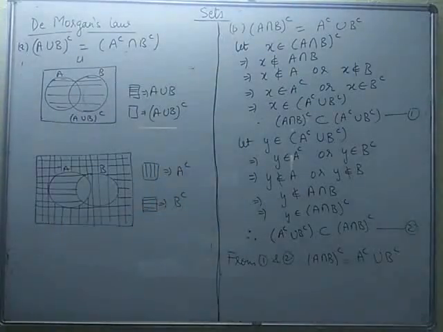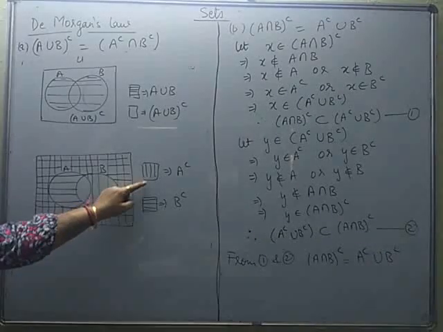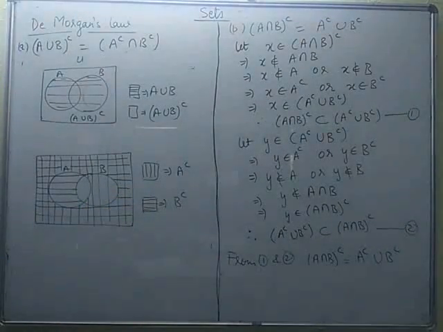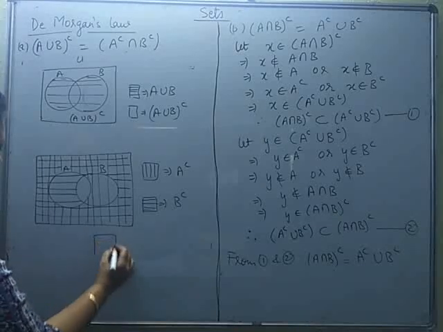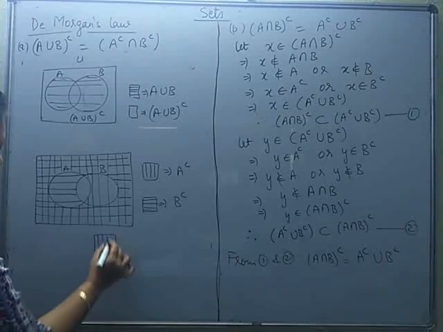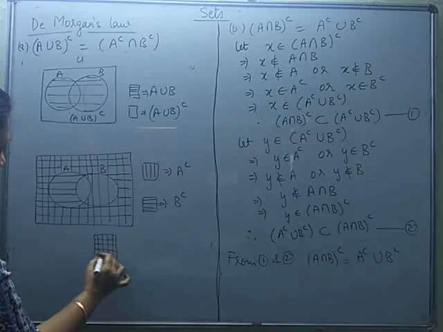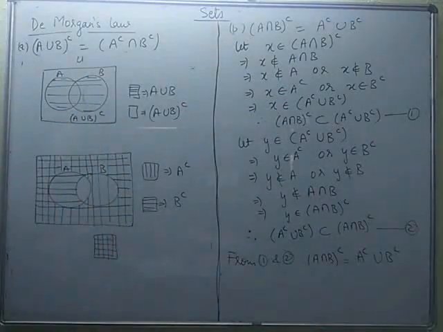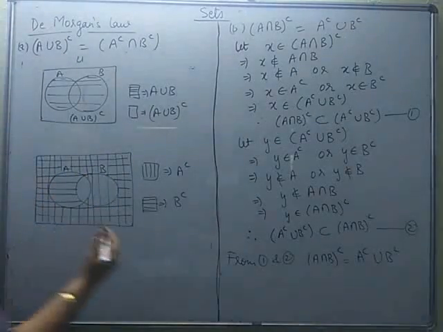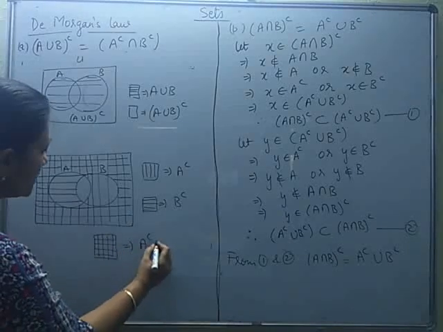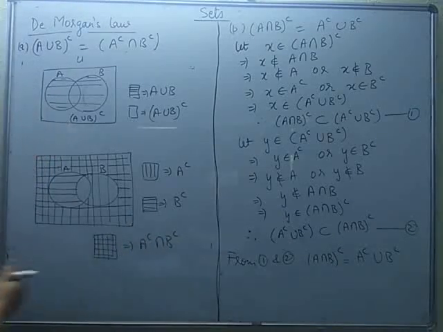You have to take the intersection of these two. Which portion is denoting the common area of these two? Means the area where you are getting horizontal as well as vertical lines, that will be the intersection of both. Okay, so trace, where is this portion? Is it the same as this blank portion or not? See, all the checks are outside A and B. This is denoting A complement intersection B complement.